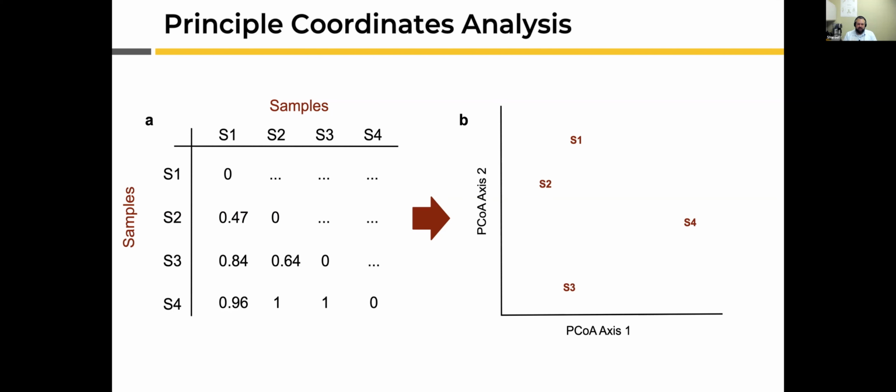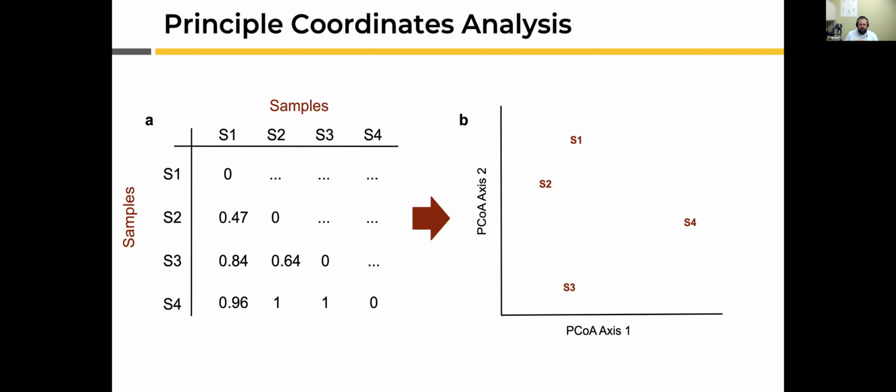Principal components analysis can't be applied to this kind of data because one, it can't really handle dissimilarity measures, and two, it assumes that the space you're dealing in is Euclidean-based space. And for most of the ecological beta diversity measures, that isn't the case.